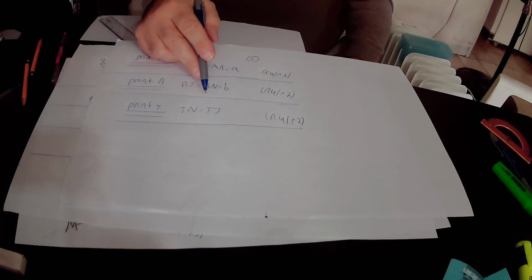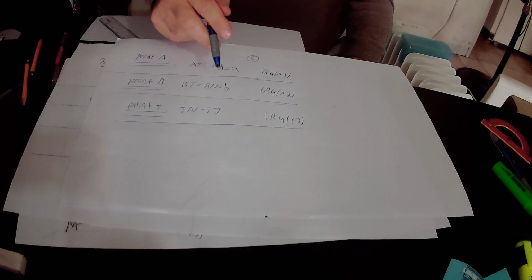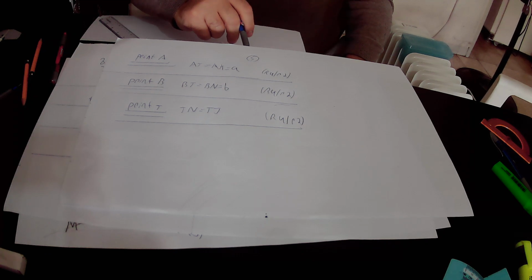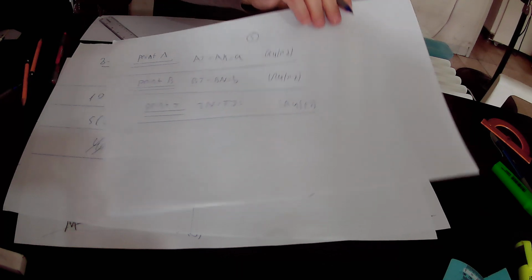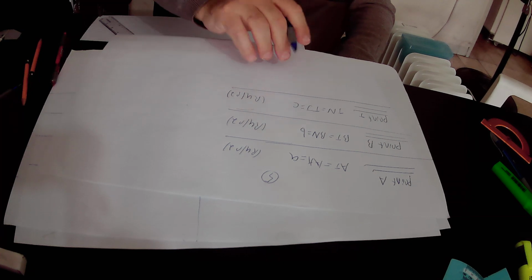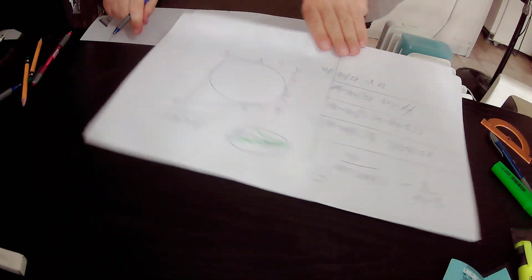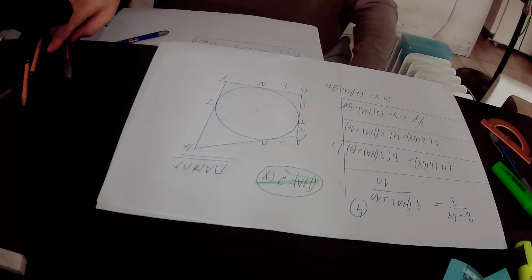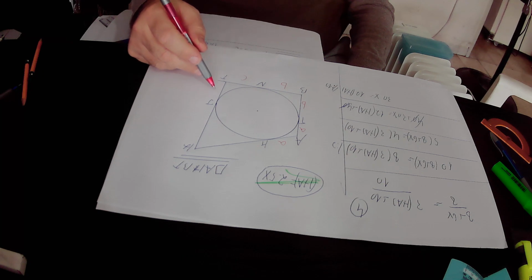So if we define one of those two tangents as C, then the other tangent must also equal C because they are equal to each other. So here, if the length of tangent TN is C, then the length of tangent TJ must also equal C.